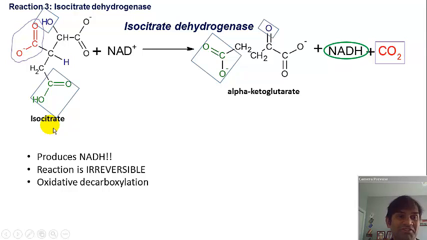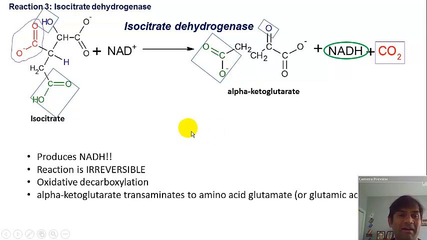So isocitrate, if I fully protonate it, will be isocitric acid. And alpha-ketoglutarate, if I fully protonate it, is going to be alpha-ketoglutaric acid. Generally, within the physiologic pH of the cell, these protons come off, and alpha-ketoglutarate has the protons removed on the carboxylate ends.